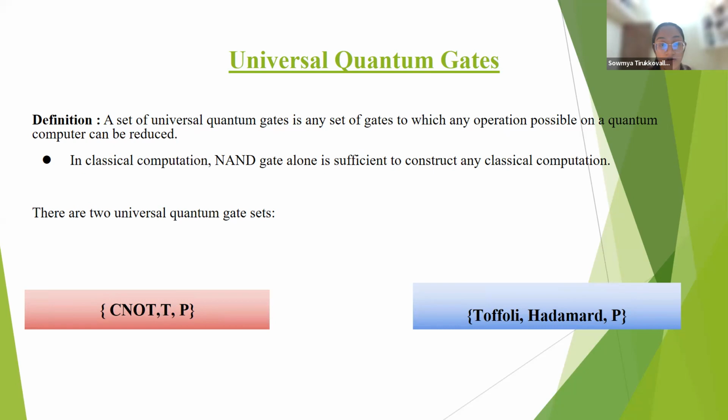One includes the CNOT gate, the Hadamard gate and the phase gate. The other includes the Toffoli gate, the Hadamard gate and the phase gate. Using these gates in a quantum circuit, we can approximate any unitary operation in quantum computing.